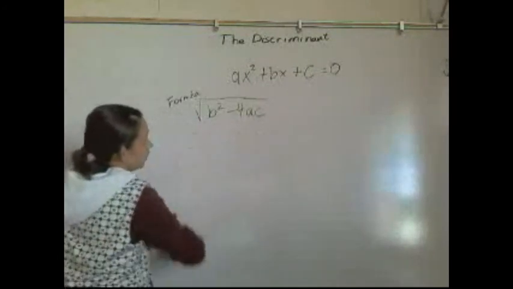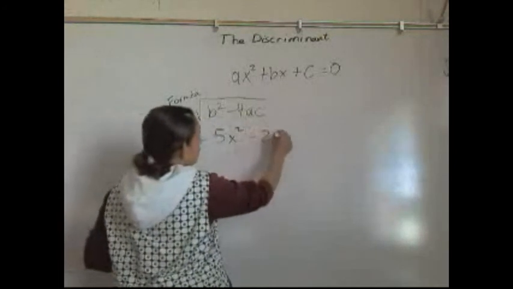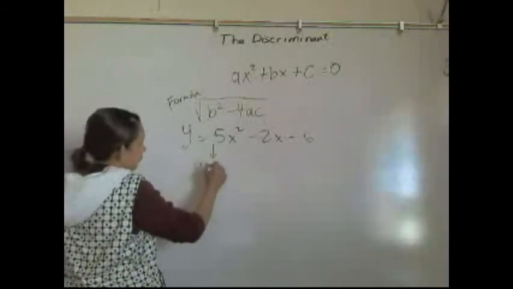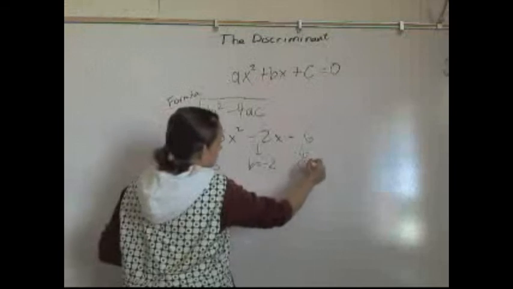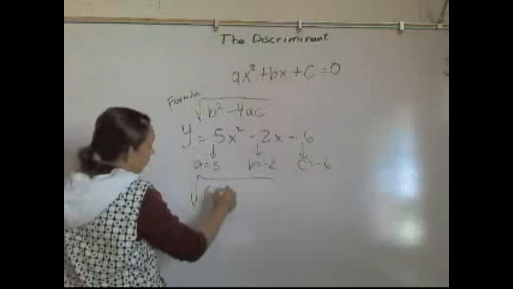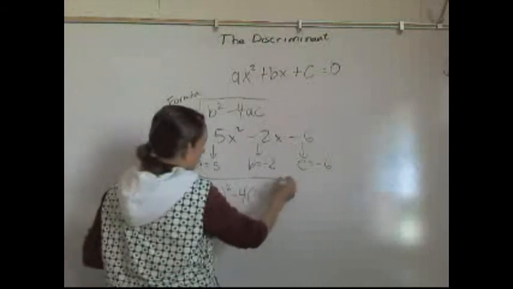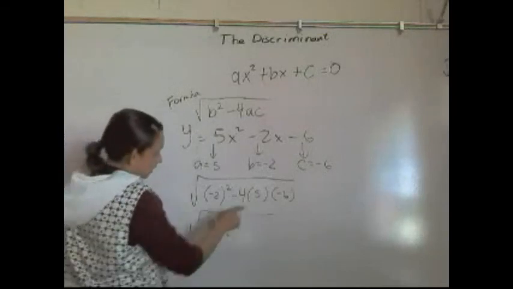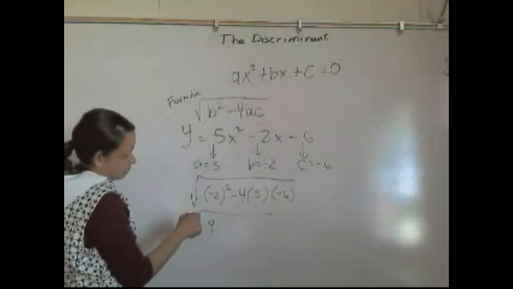Now let me give you an example with two roots. So for example, let's say y equals 5x squared minus 2x minus 6. Again, you have to identify your a, your b, taking the sign in front of it, and your c. And take the square root of, again, b squared, negative 2 squared, minus 4 times a times c. Negative 2 to the second power, we got 4. 4 times 5 is 20.